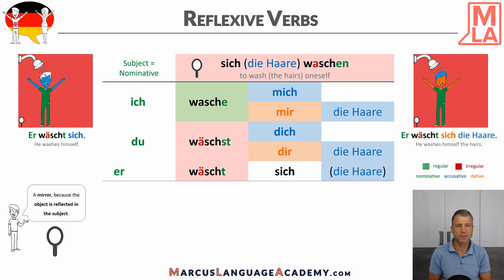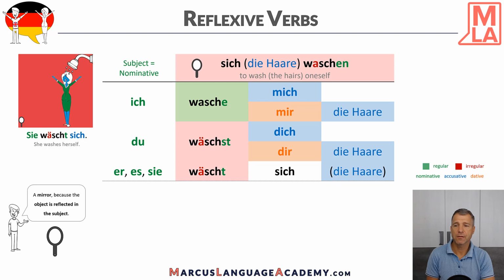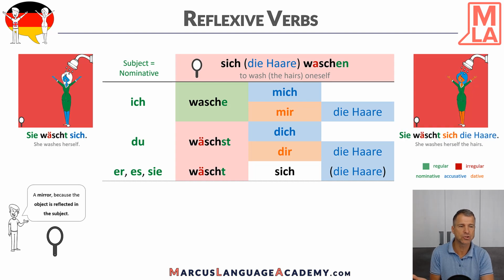It doesn't matter if you add information or not. For example, she washes herself is sie wäscht sich, so there's no change, and sie wäscht sich die Haare. So in third person, the reflexive pronoun is always sich.